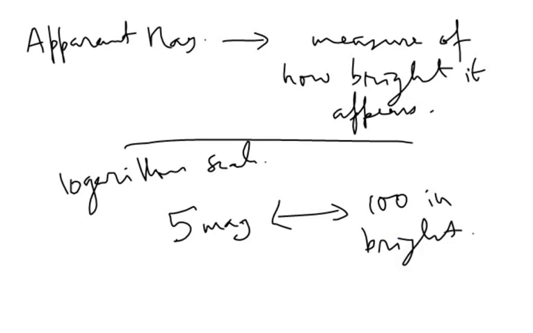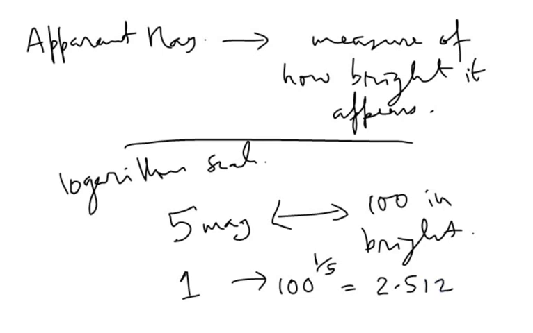Now on this scale, the brightness ratio corresponding to 1 magnitude will be what? Of course, it will correspond to 100 to the power 1 by 5, which is equal to 2.512.